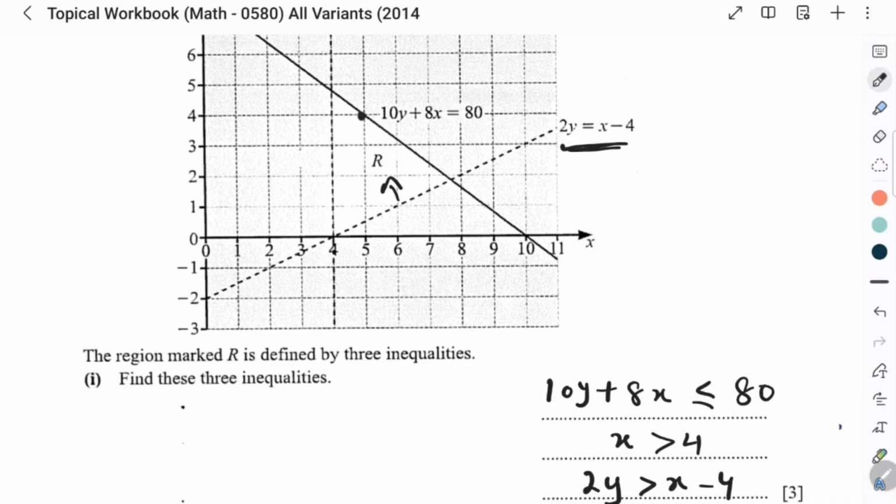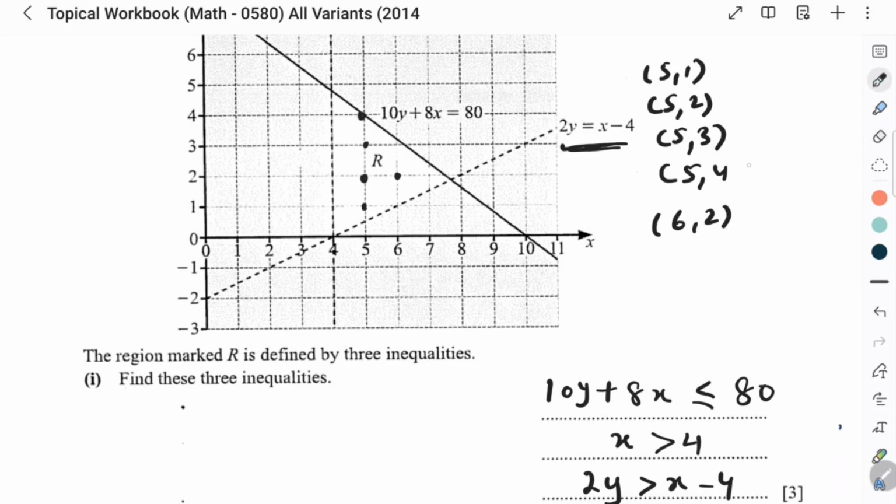We can have 5,1; 5,2; 5,3; and 5,4. Then we have 6,2 and 6,3, and then 7,2 only, and the other values.